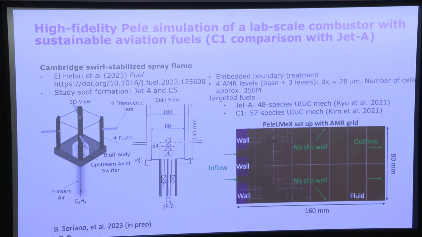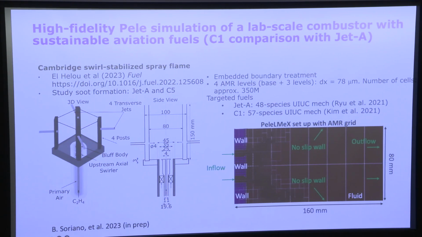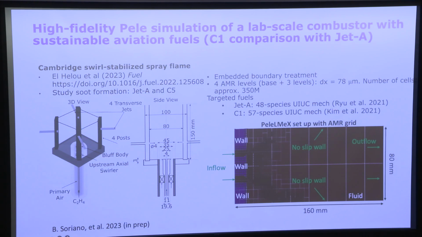Just to give you an idea of the AMR mesh on the bottom right, you can see there are 4 AMR levels. We have the base level plus 3 additional levels of refinement, as shown by the white cross-hatched lines, and then the finest mesh in the black cross-hatched area.